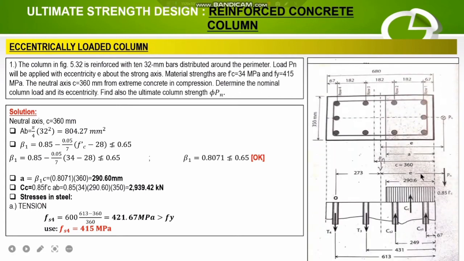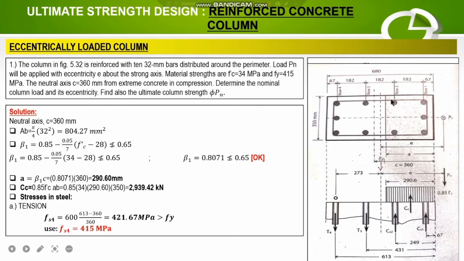So with the given neutral axis c equal to 360, 360 is now the basis for the division of the compression part and the tension part of our column section. So within 360 from the extreme concrete compression fiber, from here to 360 mm, that is the part of the compression.